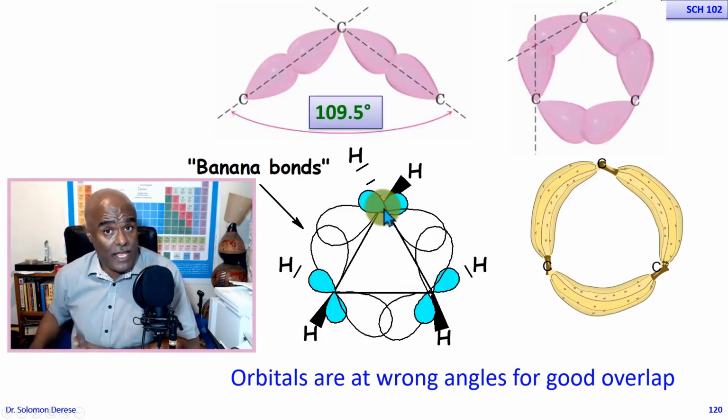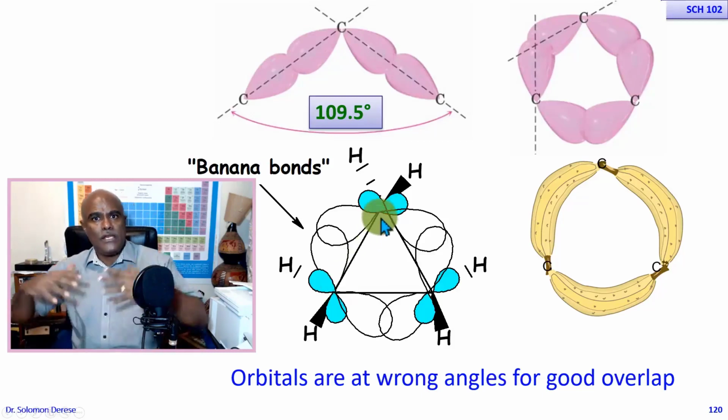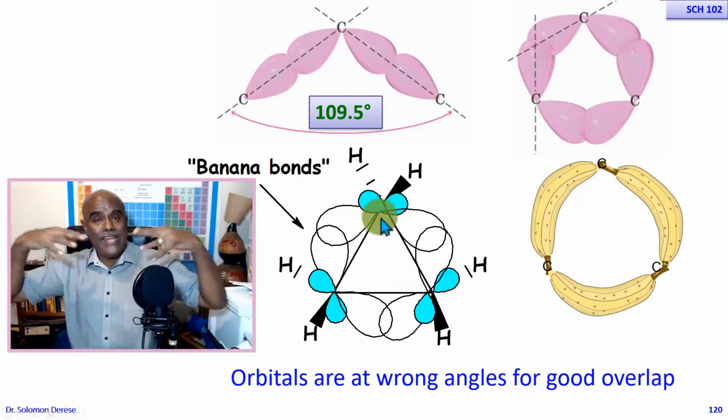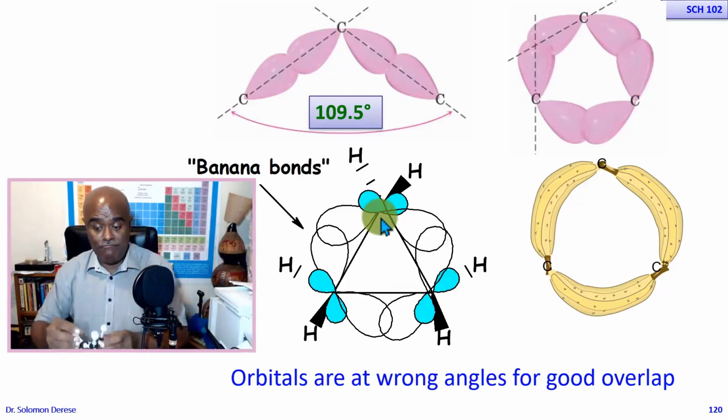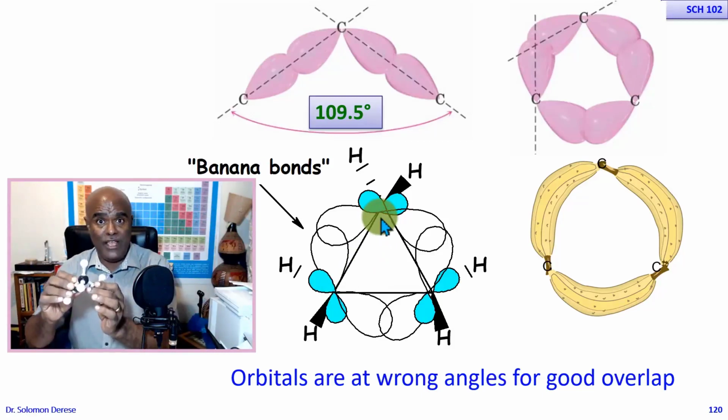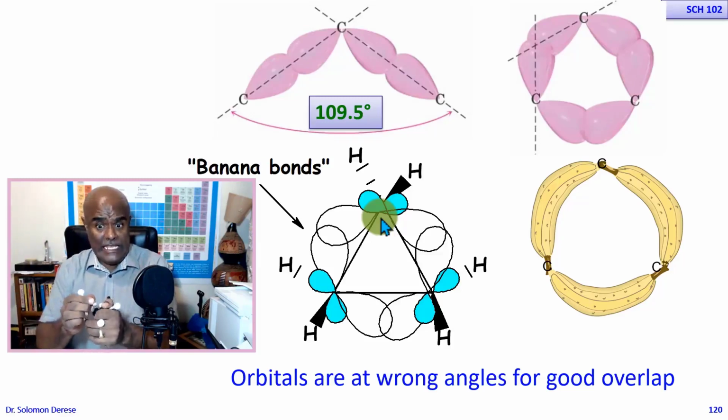That's why cyclopropanes usually undergo ring opening reactions to relieve the strain. Rather than being strained like this, they can easily undergo a chemical reaction that breaks this weak bond like this, so that they get relieved of the strain. So they undergo ring opening reactions very easily.